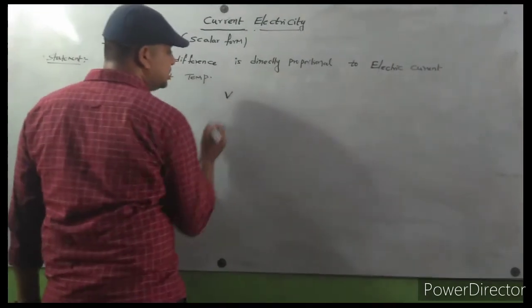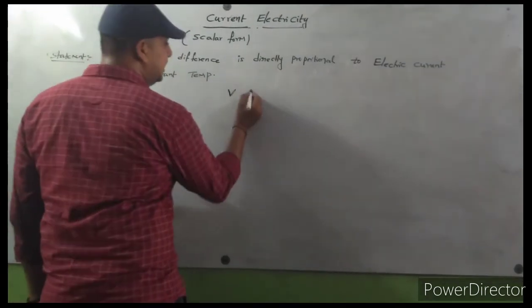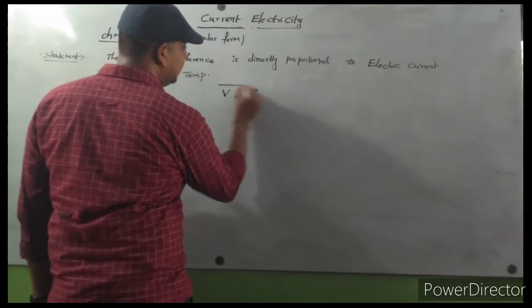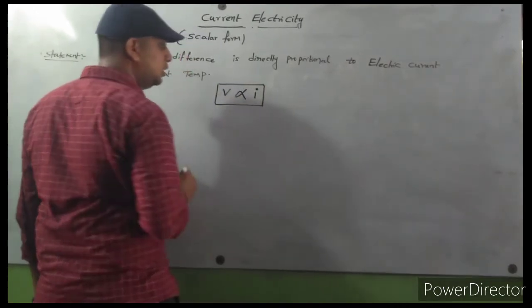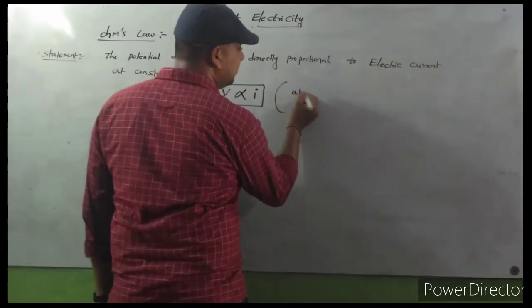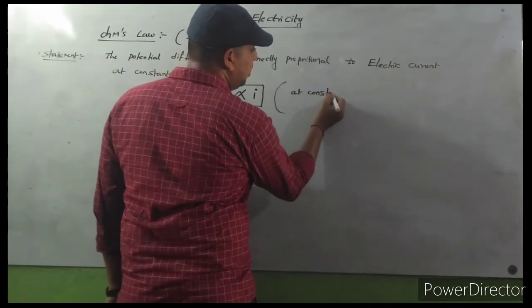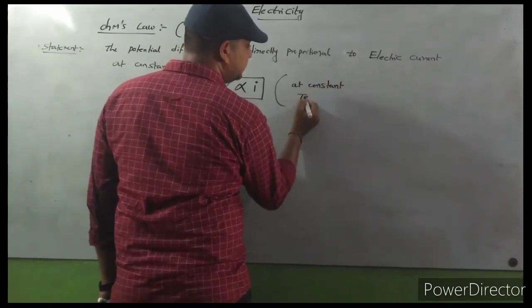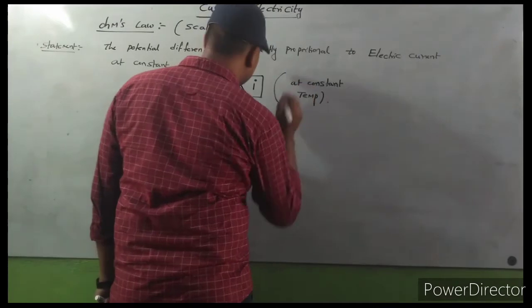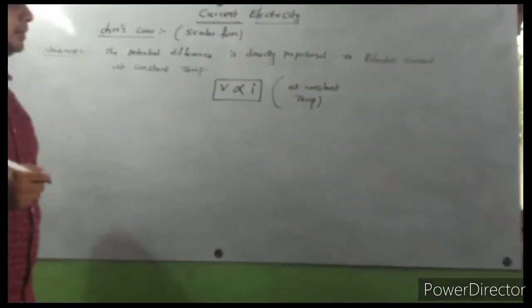That means potential difference, indicated with V, is directly proportional to I at constant temperature.